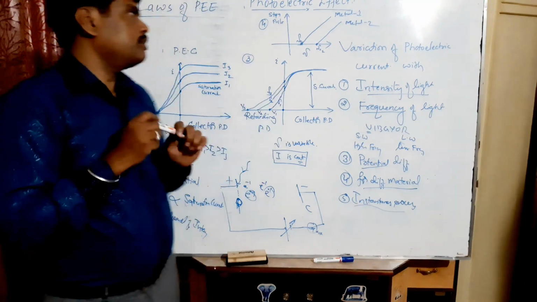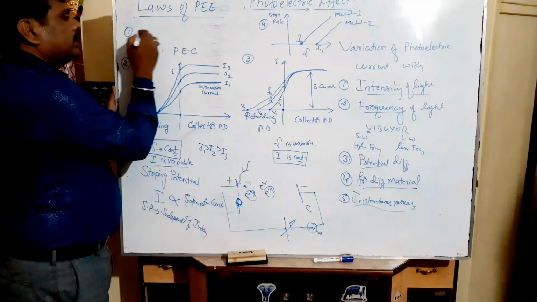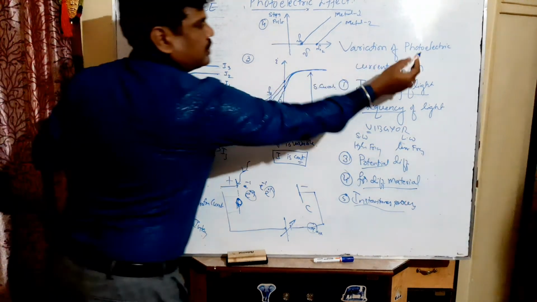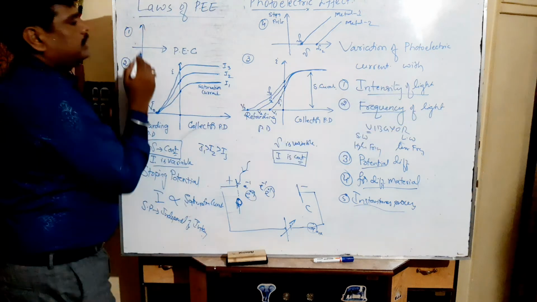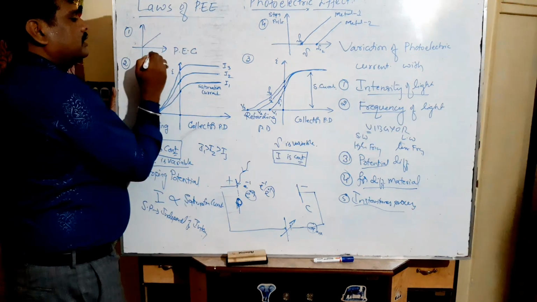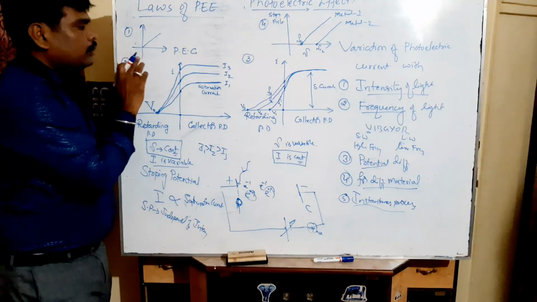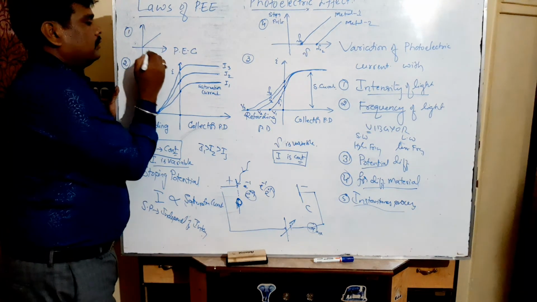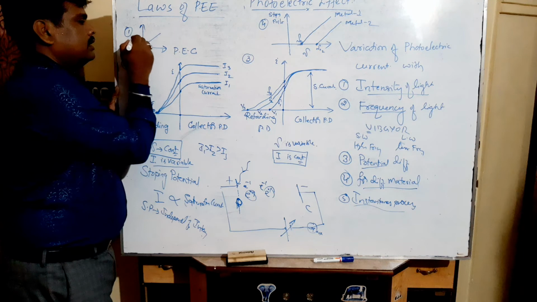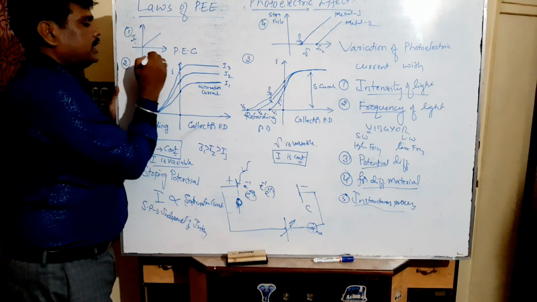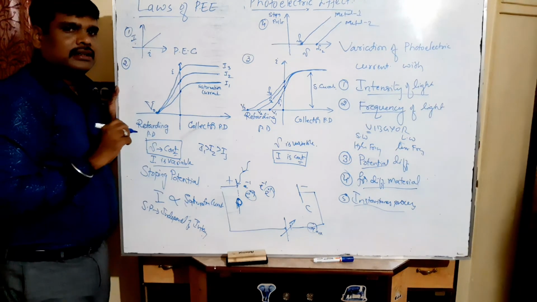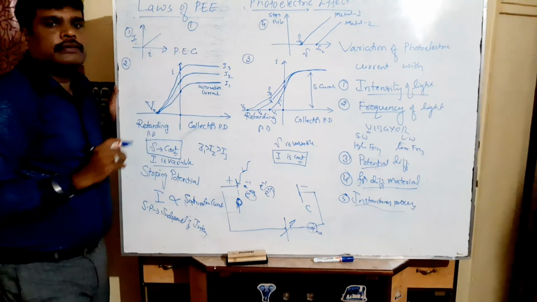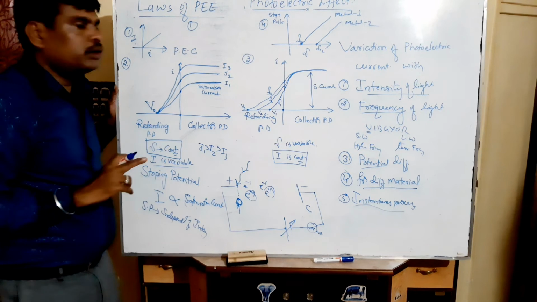What is the first experimental observation? I already wrote that one. This is the first observation: the variation of photoelectric current with the intensity of light is linear. For a given photosensitive material, this is the photoelectric current versus the intensity. I will take the first law of photoelectric effect.